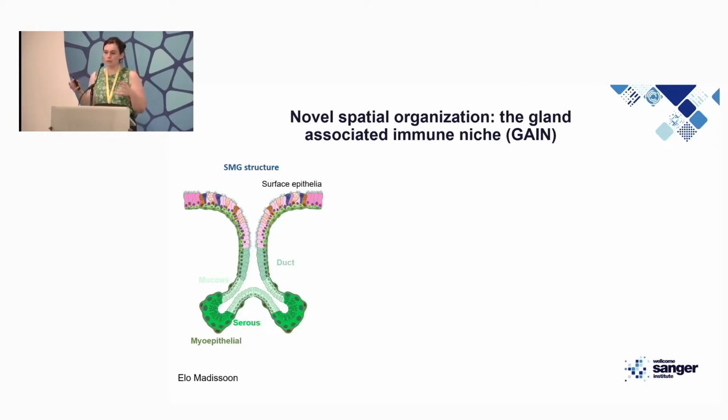And this is really central to the submucosal glands, and this is a schematic of the structure of these glands that produce mucus in the airways. And there's a number of epithelial cell types that are involved in this gland structure, and these are duct, mucus, serous and myoepithelial cells. And in particular, the duct cells were, again, a novel transcriptome that was annotated in our data, but not in other lung atlas papers.